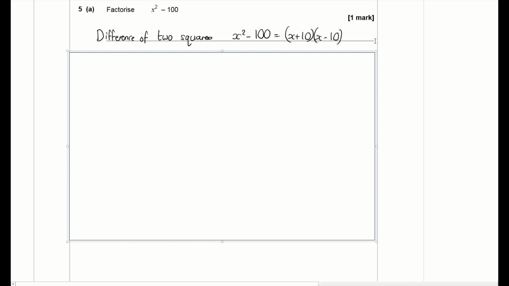If you multiplied it out, you'd see that the plus 10x, which you'd obtain from that times that, and the minus 10x, which you would obtain from that times that, would both cancel out. So that's one of the characteristics of difference of two squares. But just be on the lookout for it. They don't always ask it directly. It can be disguised in an overall question. So the correct answer is just x plus 10, x minus 10.